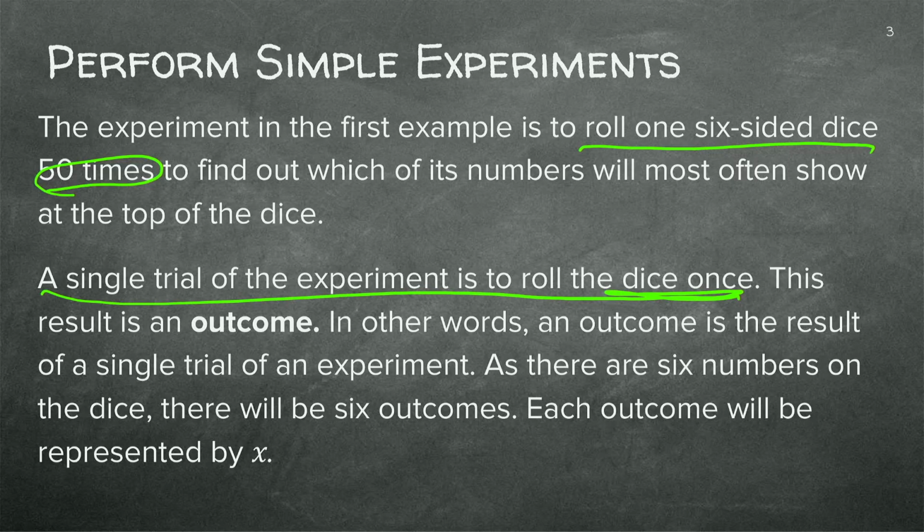This result is then called an outcome. In other words, an outcome is the result of a single trial of an experiment. In other words, the result of throwing this dice once. Now, as there are 6 numbers on the dice, there will be 6 possible outcomes, and each outcome will be represented by X.